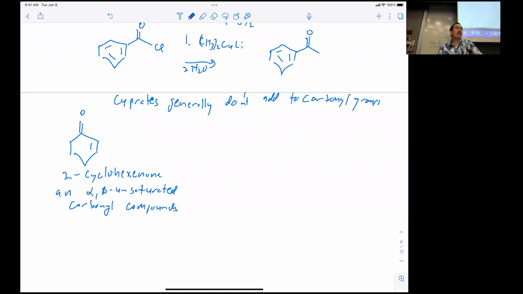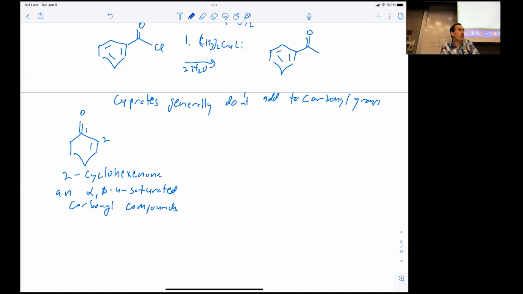And you'll notice in these two different nomenclatures, we're having two different ways of thinking about this molecule. In terms of the nomenclature of the 2 position, the carbonyl position is number 1. This position over, where our double bond is, is number 2.